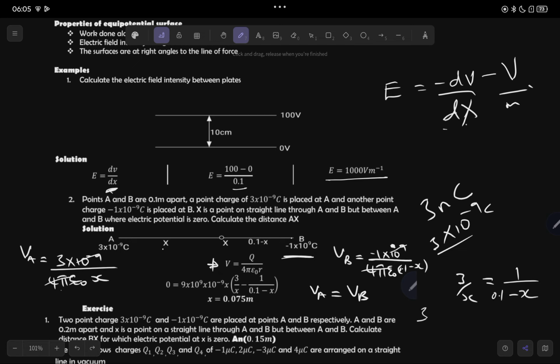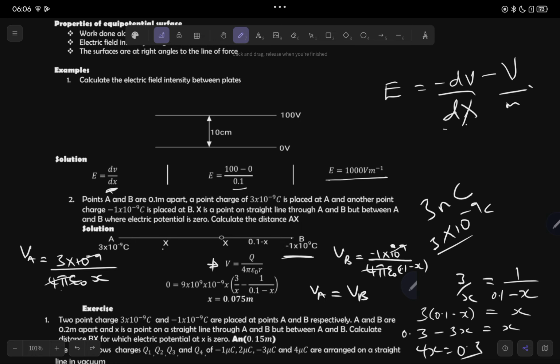With 0.1, we shall have 3 times 0.1 minus x is equal to x. So 0.3 minus 3x is equal to x. So you'll have 4x being 0.3.